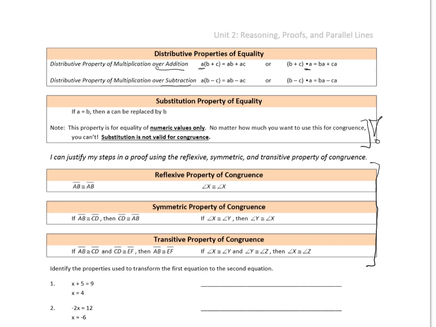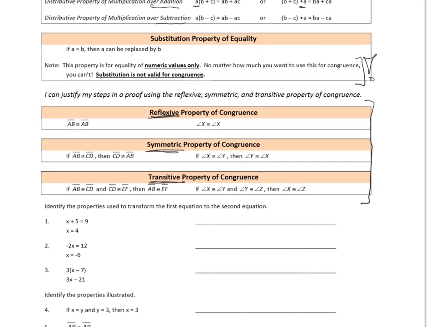So if I'm setting up an equation, part plus part equals whole, I have to use properties of equality in that situation. Whereas if I'm just talking about how two things in a shape relate to each other, if they are congruent, then I use this congruent symbol. So we have a reflexive property of congruence, a symmetric property of congruence, and a transitive property of congruence. So just be aware that there is a difference between the two, and it all comes down to which symbol you're using.